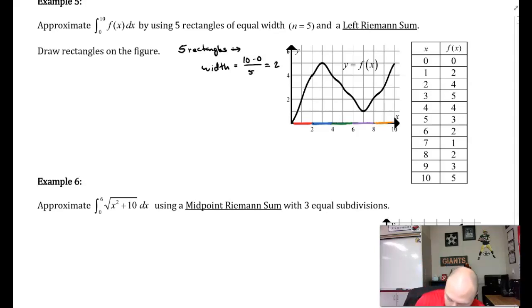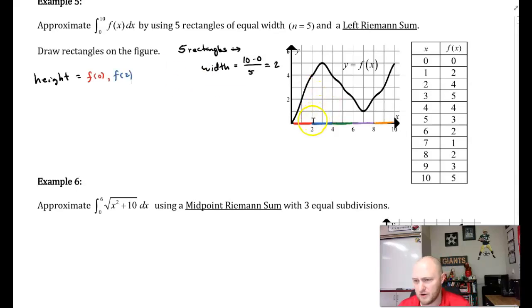And then the height is going to be equal to, now this is a left Riemann sum, so I'm always going to use the left. So that's going to be f of 0, f of 2, right?